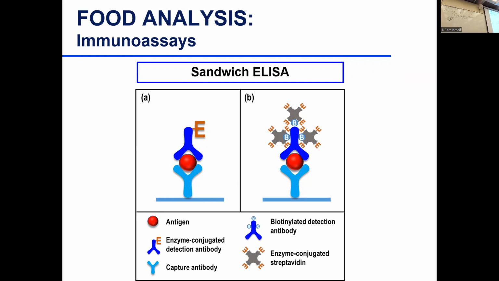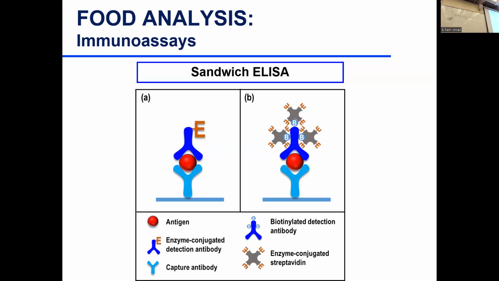Why? Because you have the biotin. This is a biotin. And then we have streptavidin that binds strongly to biotin. And we label that streptavidin by enzymes. If we do this, we amplify the sensitivity.